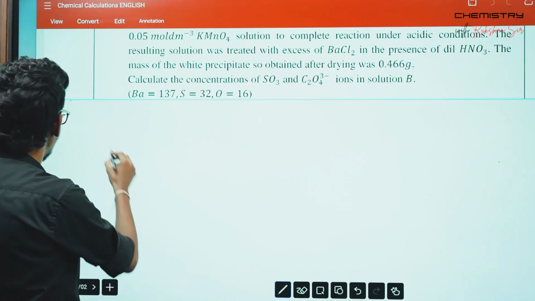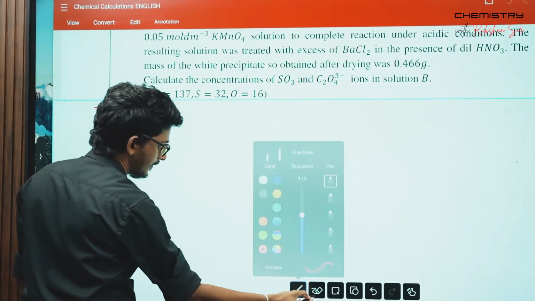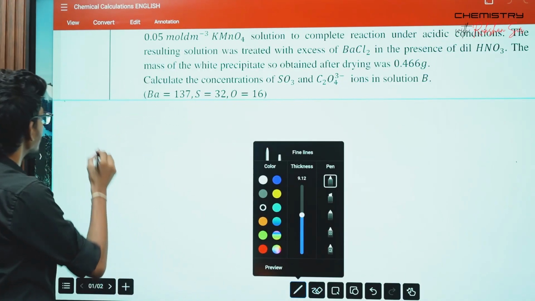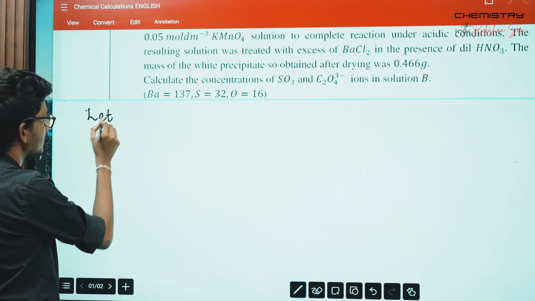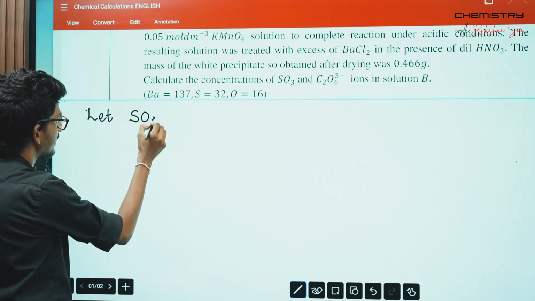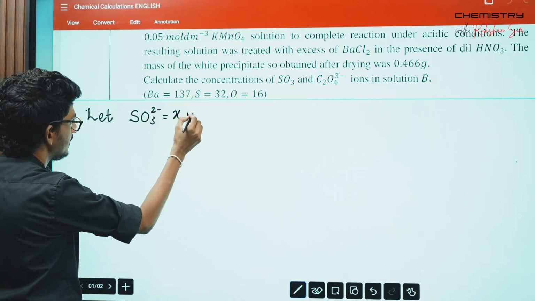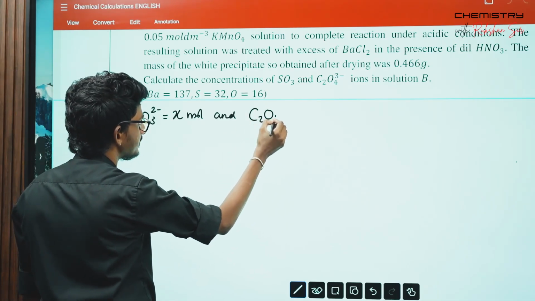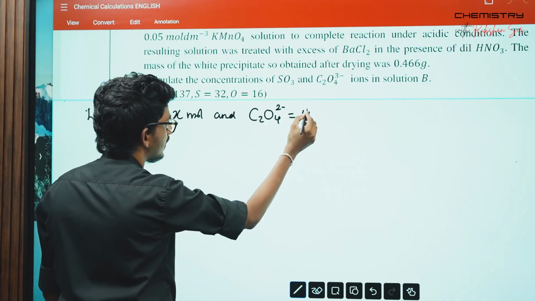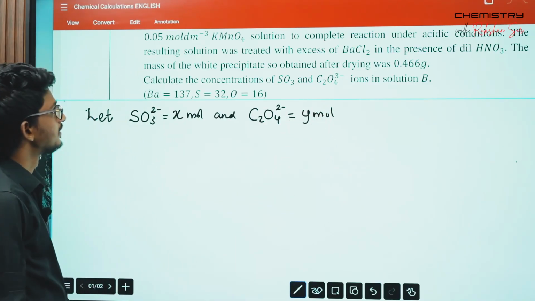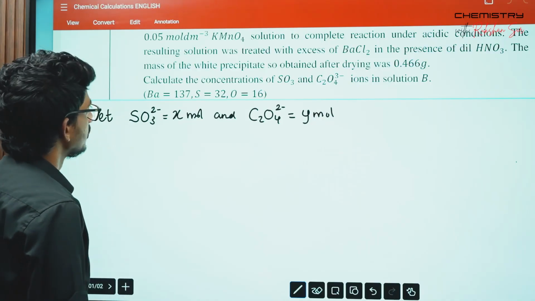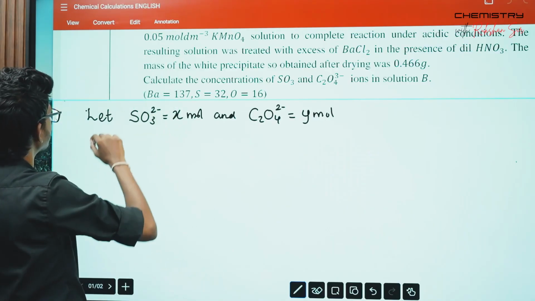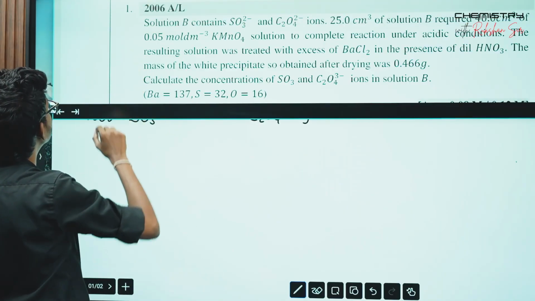So let the SO3 2 minus be X moles and C2O4 2 minus be Y moles.